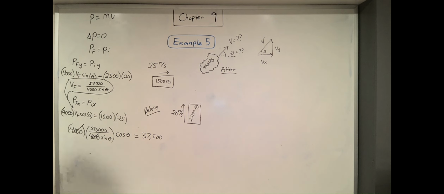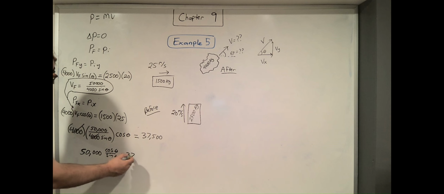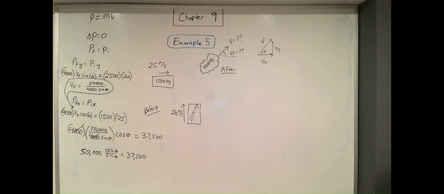Next, what do I got? Well, I have 50,000 divided by sine, but then that's multiplied by a cosine. So I have 50,000 cosine over sine equals 37,500.